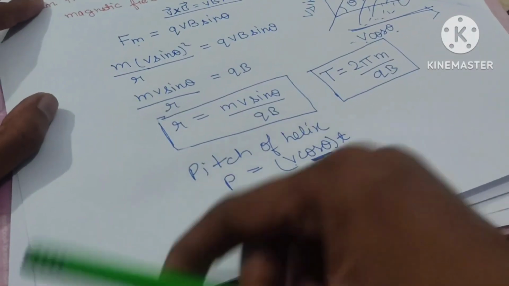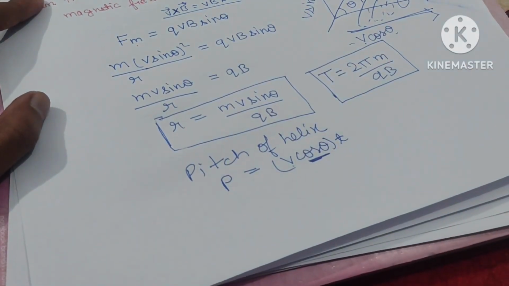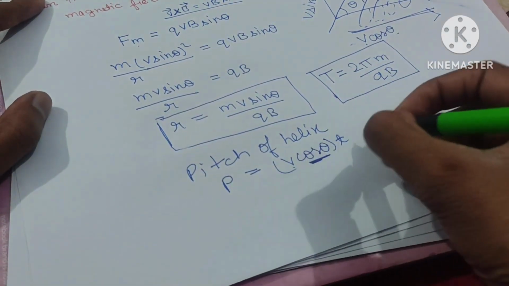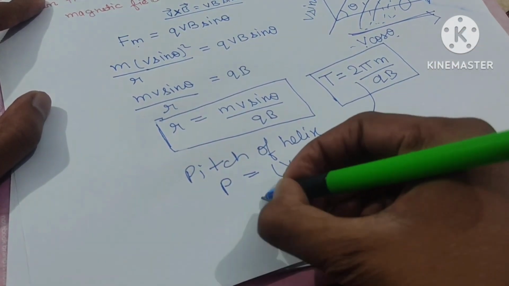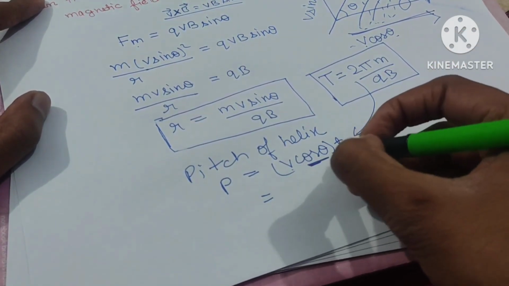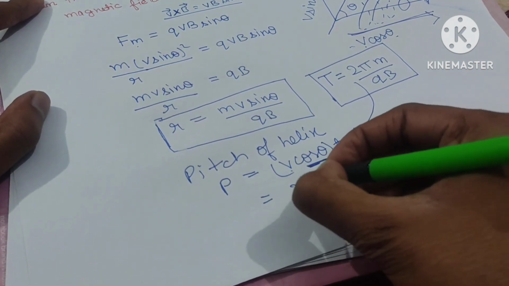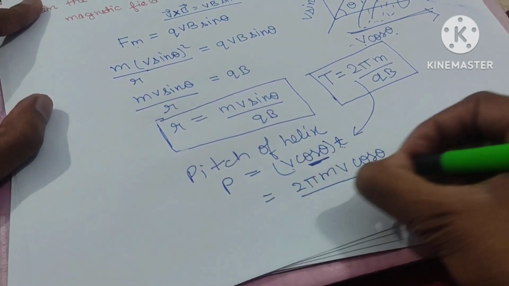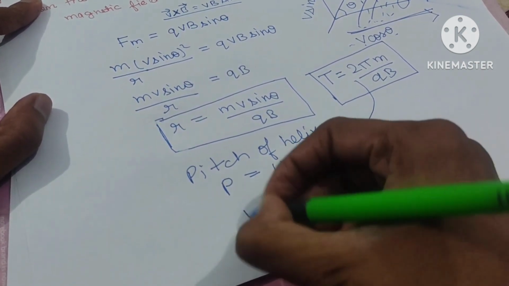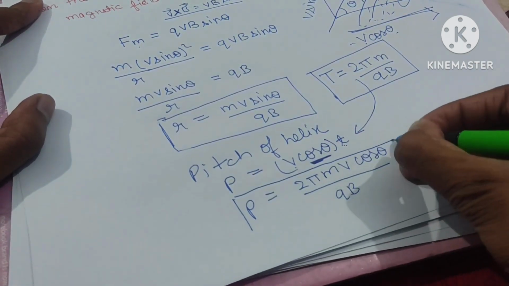So for t we put this value here. It will become 2 pi m v cos theta by qb. It is the pitch of helix.